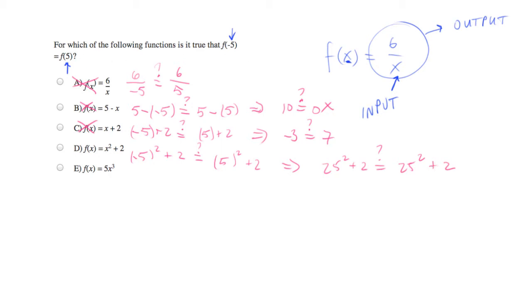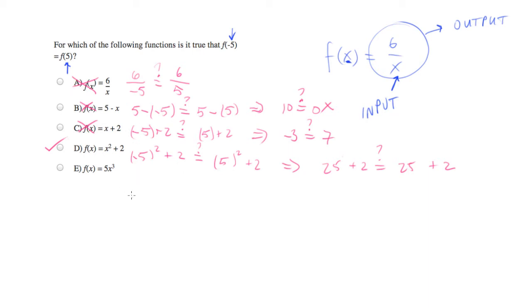I should not have written those squareds. Let's get rid of those. But you can already see 25 plus 2 will be equal to 25 plus 2. So answer choice D is in fact correct. And we can stop here.